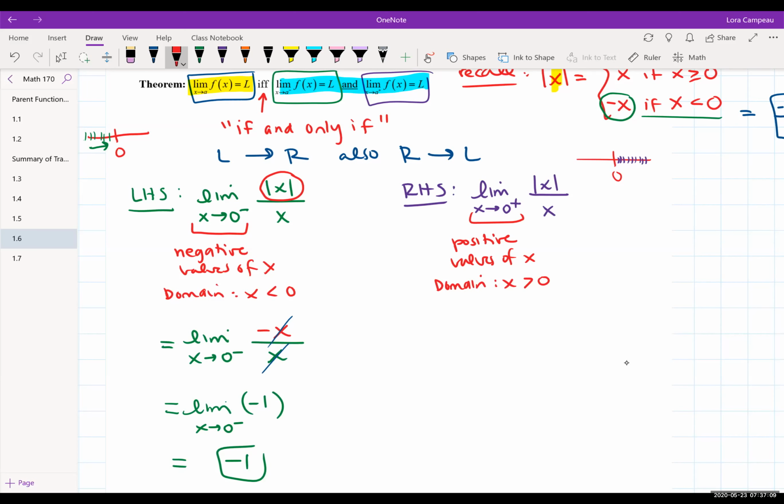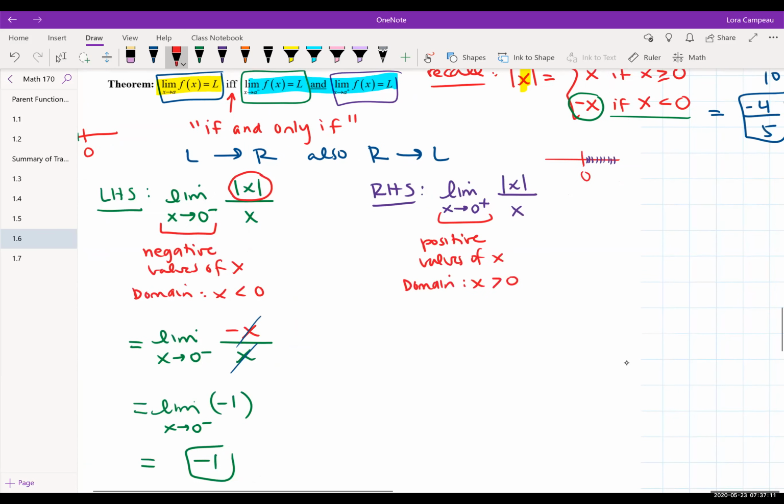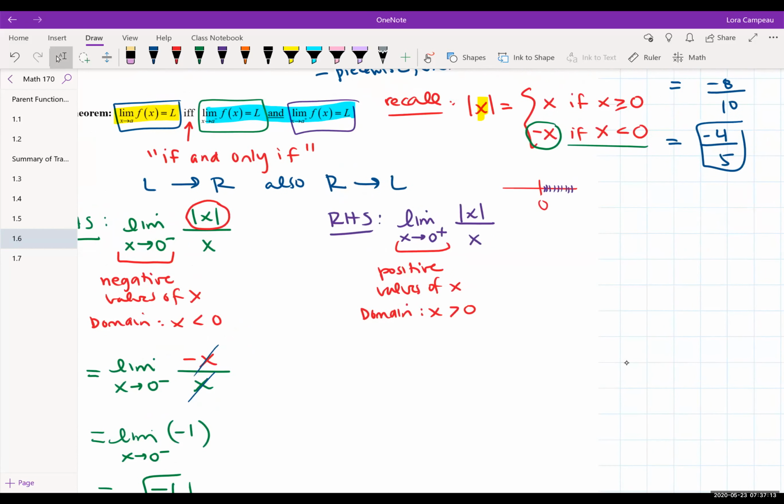And if that is the case, we look at our definition of absolute value as a piecewise function, we're going to be replacing absolute value of x with x. So now I can rewrite that right-hand limit, x approaches 0 from the positive side. Instead of absolute value of x, it's positive x.